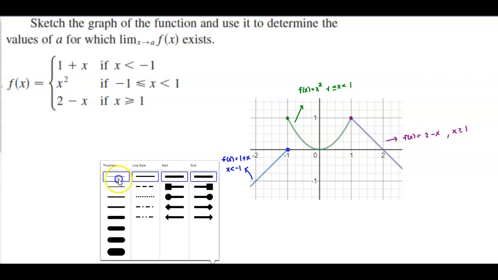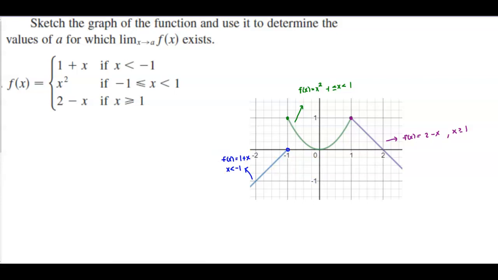If we decided to approach -1 from the left of this function, we can see that the limit as x is approaching -1 from the left of f of x is equal to -1.